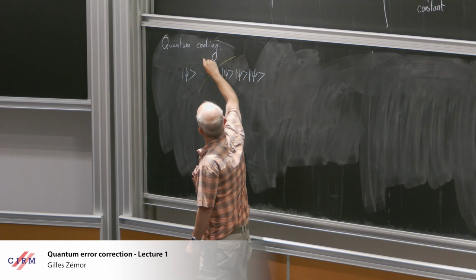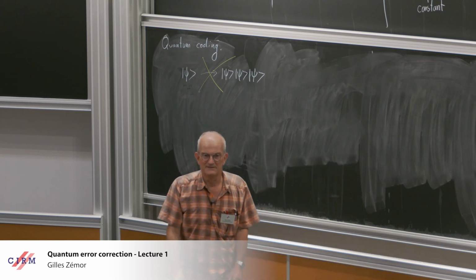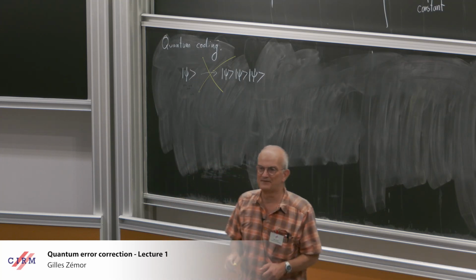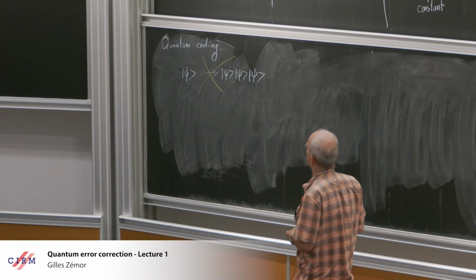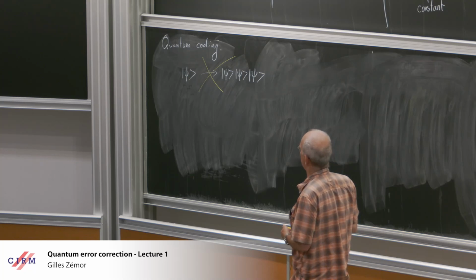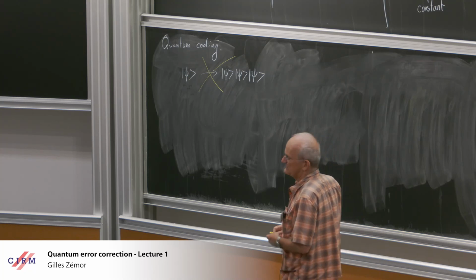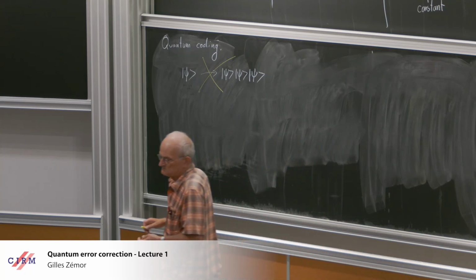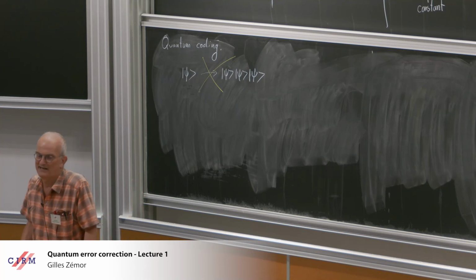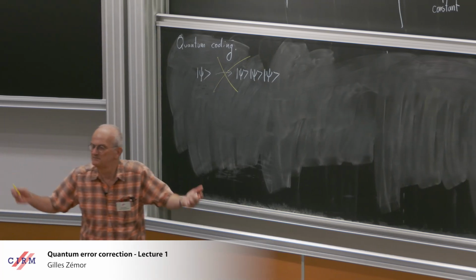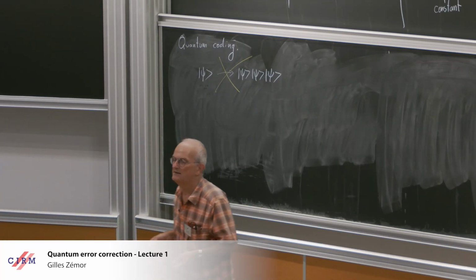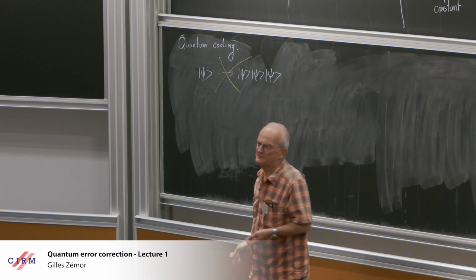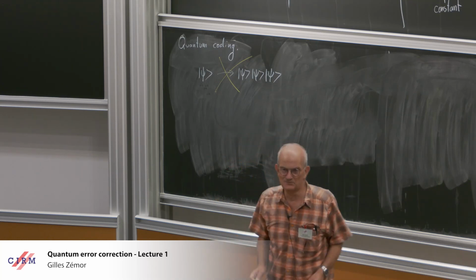The no-cloning theorem tells you it's not possible, there's no unitary transformation that does this sort of thing. And for a short while, some people thought, okay, error correction is not possible in the quantum setting. We can't even do repetition. It rules everything out.